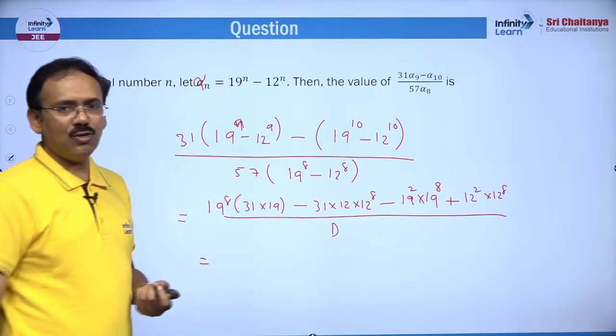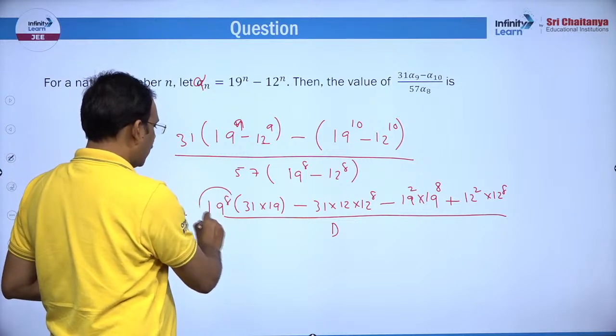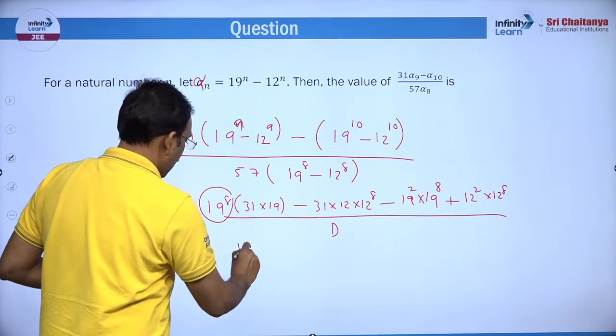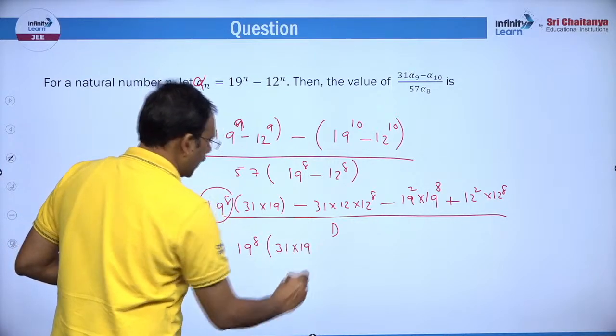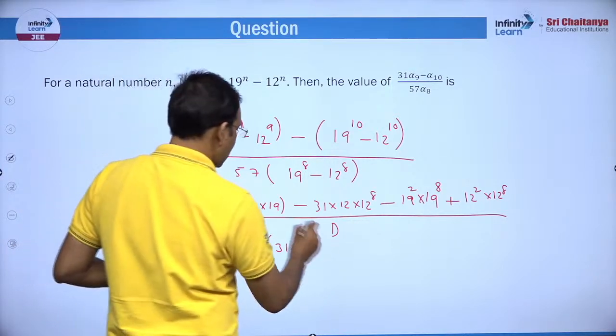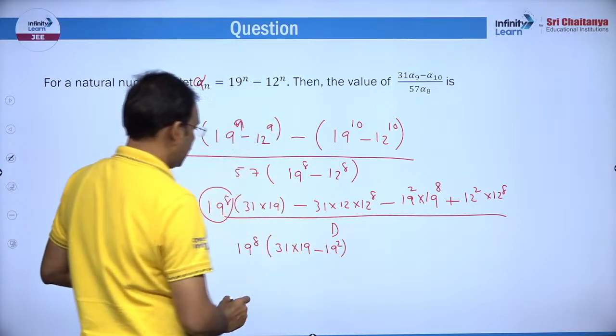Now, you see 19 power 8 common into 31 into 19 minus 19 square.